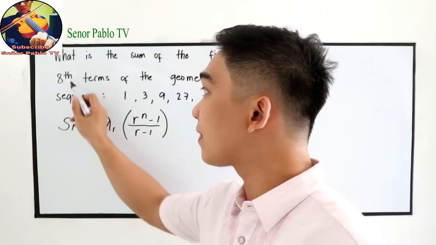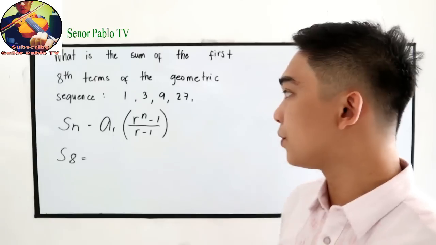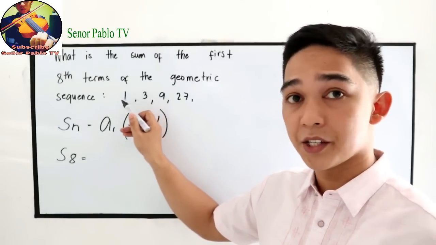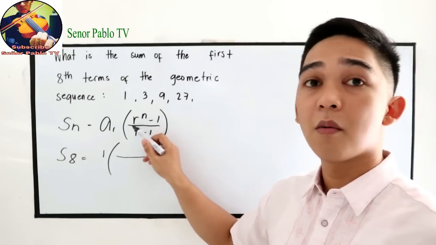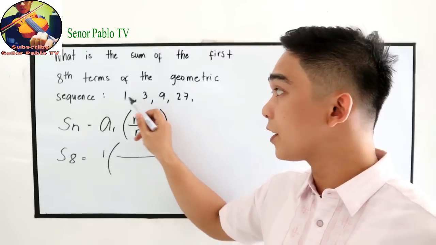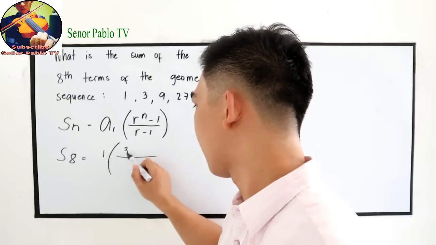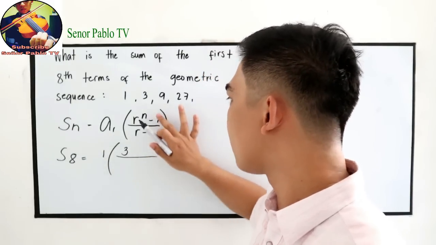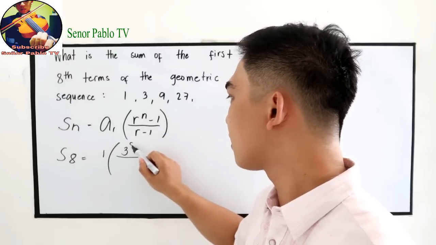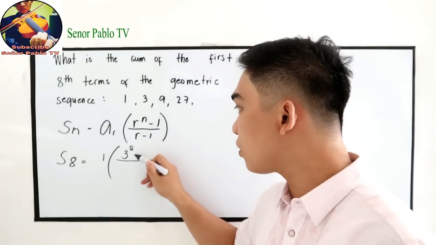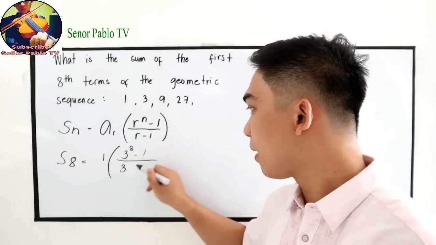So Sn, hahanapin natin yung 8th term, so that is S8 is equal to A1, alam natin yun ay the first term, which is 1. R is the common ratio. Dito, A2 divided by A1, 3 divided by 1, that is 3. 3 raised to n, that is 8, minus 1, all over R minus 1, 3 minus 1.